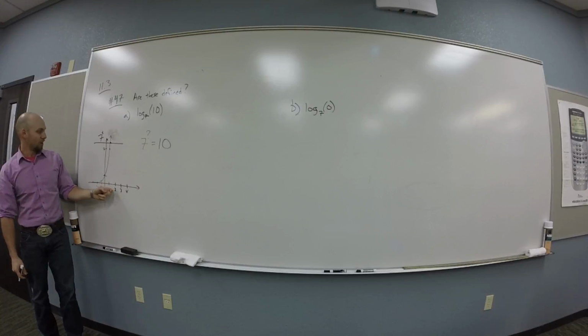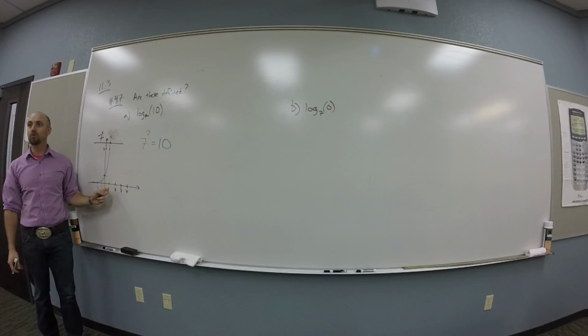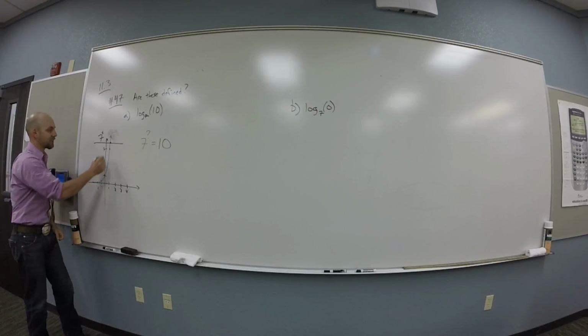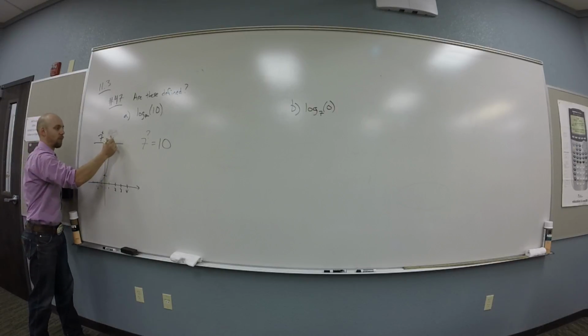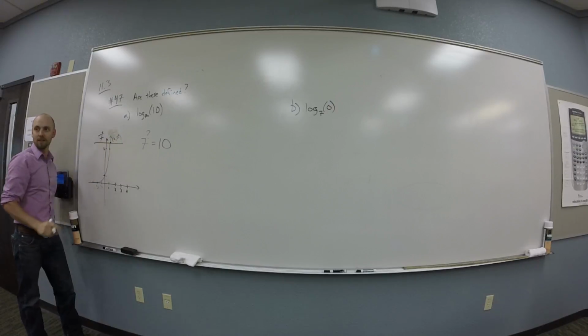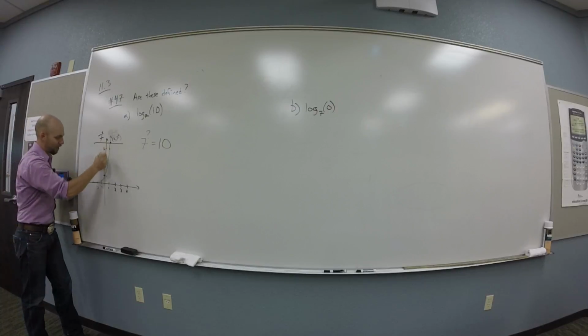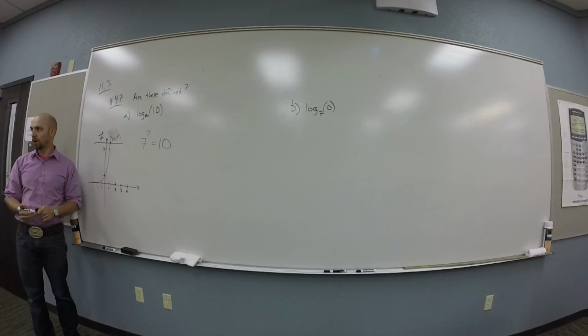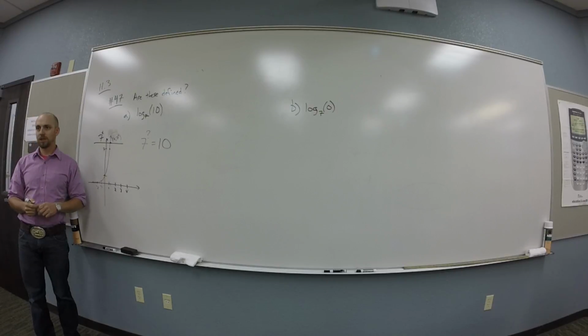I don't know, it's not 1, it's not 2, but it's someplace in between 1 and 2. You guys see that? I'm following this point down, right? This is a point that looks like x comma 7 to the x. So I follow that point down here and I find that there's some number in between 1 and 2, so this works. You guys see that?